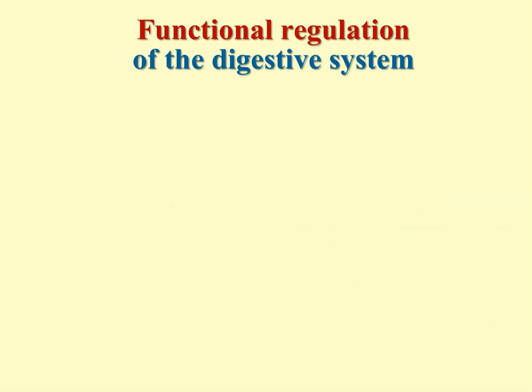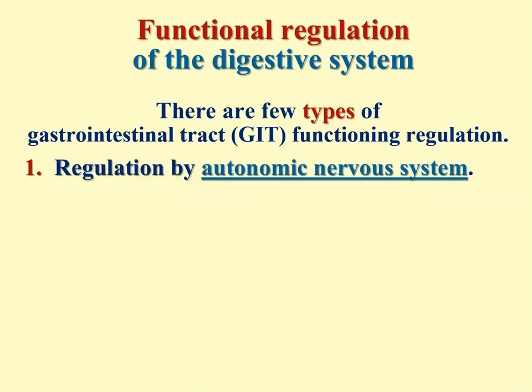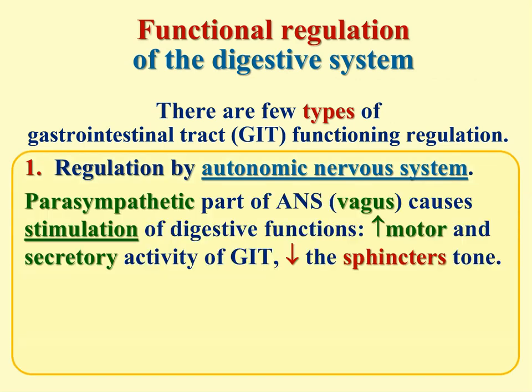Let's consider the general principles of the functional regulation of the digestive system. There are a few types of such regulation. First, it's the nervous regulation by the autonomic nervous system. The parasympathetic part of the autonomic system, predominantly the vagus nerve, causes stimulation of all digestive functions.